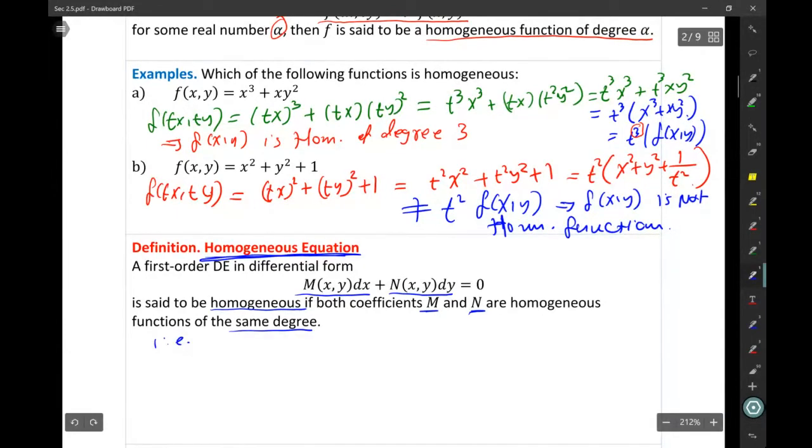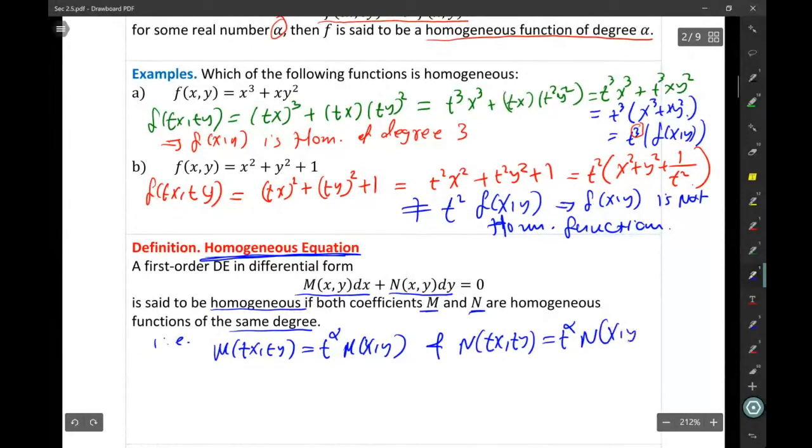I mean here إنه يكون m of tx ty بتساوي t to the power alpha في m ال xy and n of tx ty بتساوي t to the power alpha في n of xy.